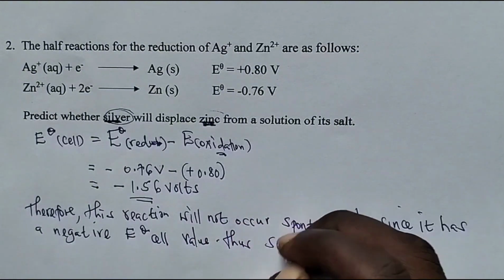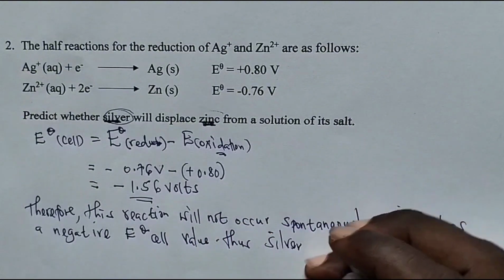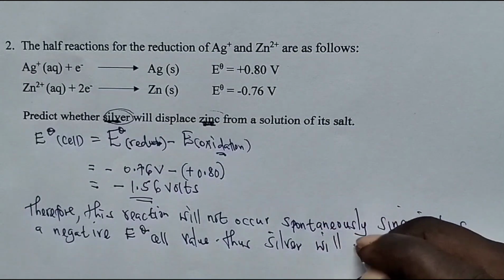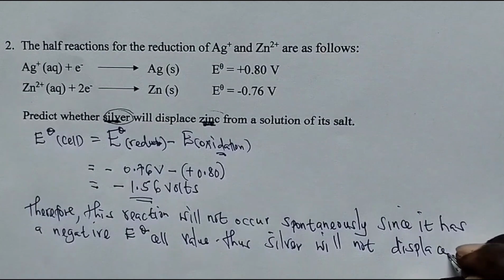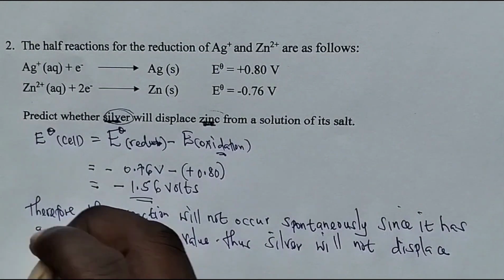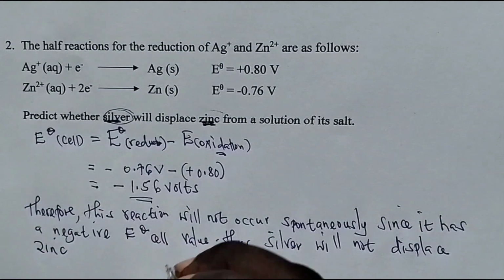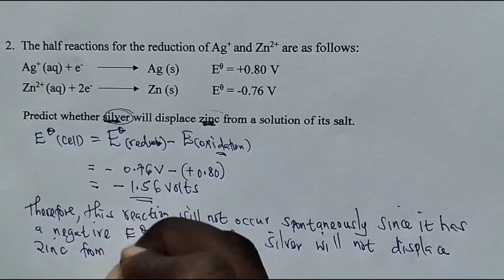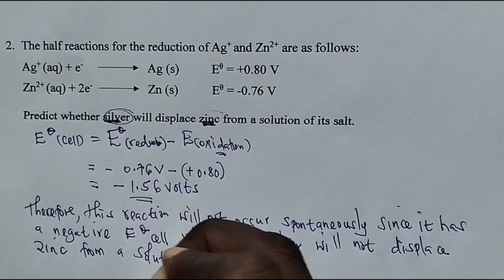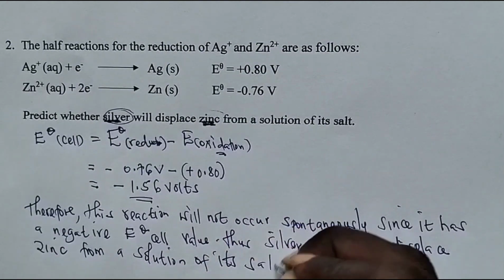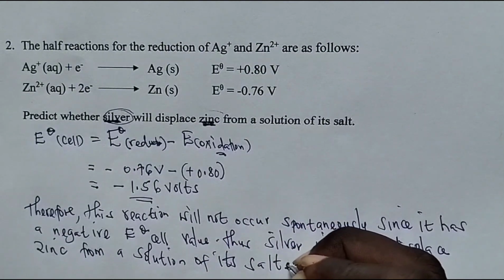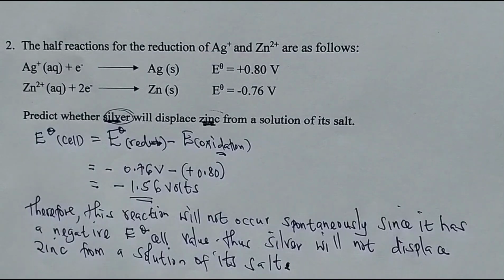Therefore silver will not displace zinc from a solution of its salt. Full stop. That's what we can say.